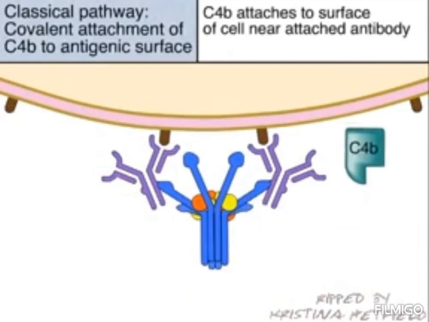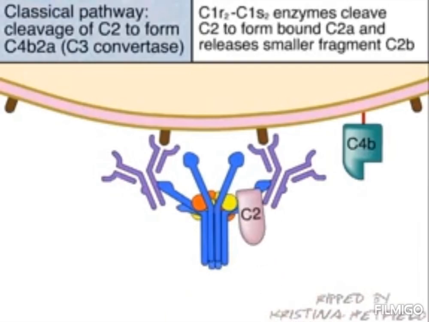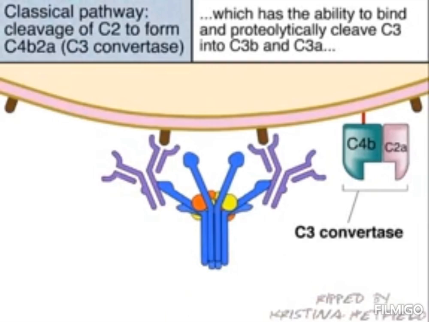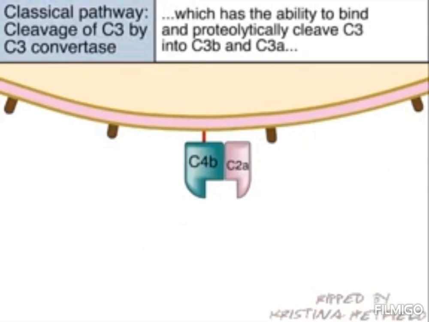The good thing is that we actually know both, because just after the classical pathway, you also know the alternative pathway. It skips all the antigen stuff. It skips C1, C2, C4. It starts with C3.